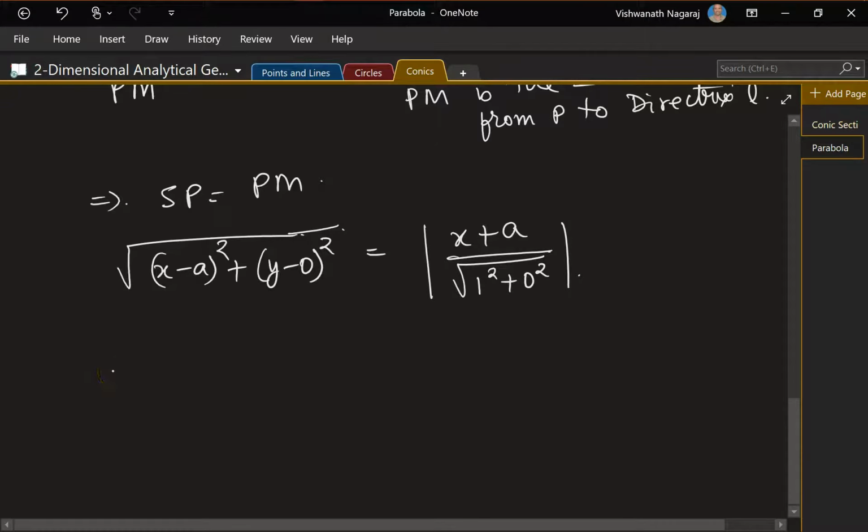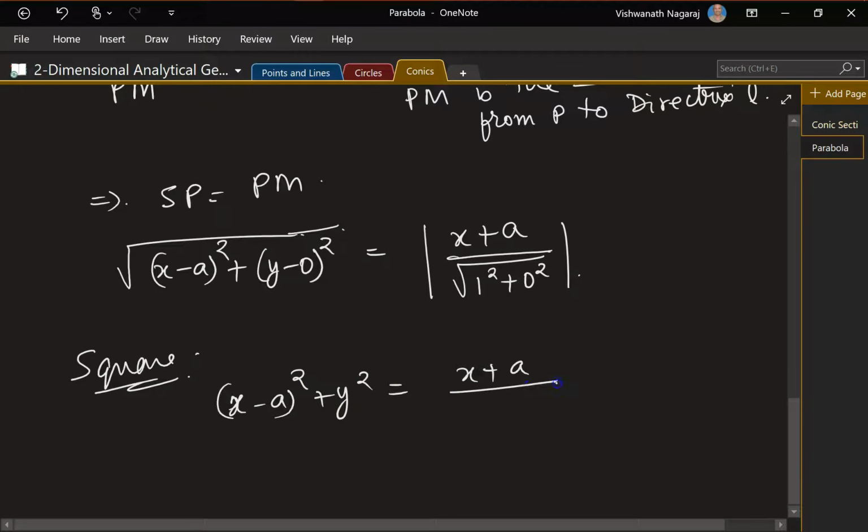Now let's simplify this. Square it: (X minus A) square plus Y square is equal to (X plus A) by 1.